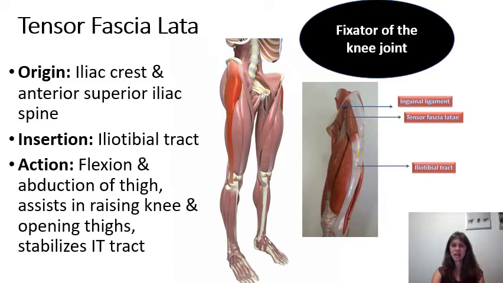The tensor fascia lata muscle acts to help fix the knee joint and stabilize it. It also flexes and abducts the thigh at the hip and assists in raising the knee and abducting the thigh at the hip. The most important action that the tensor fascia lata muscle has, though, is to help stabilize the knee joint in walking.